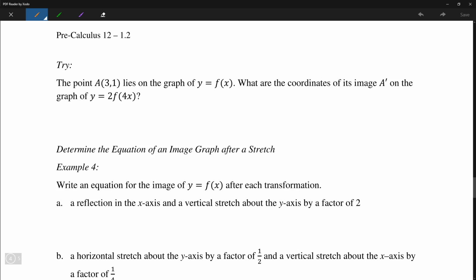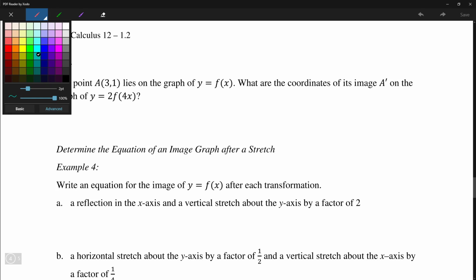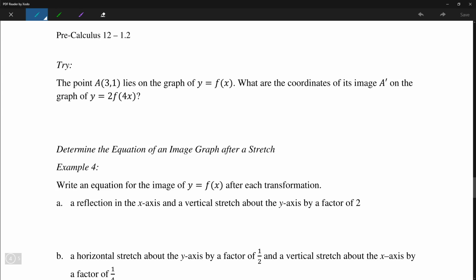Okay, so let's see here. All right, so what does this 2 do? Well, that's a vertical stretch by 2. And then we have 4, which is a horizontal stretch by a quarter.